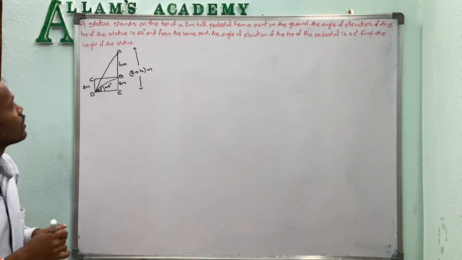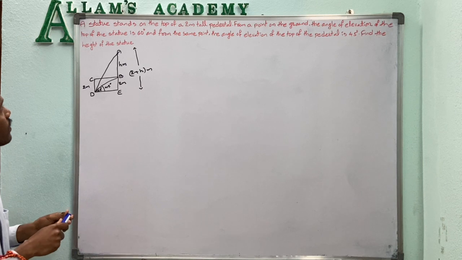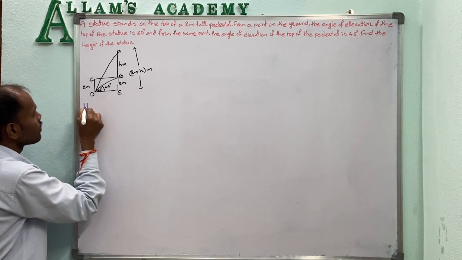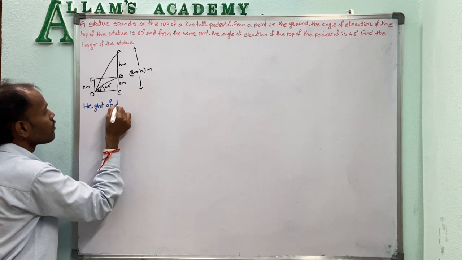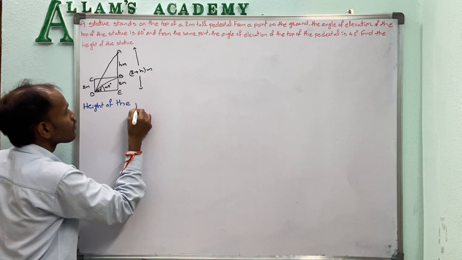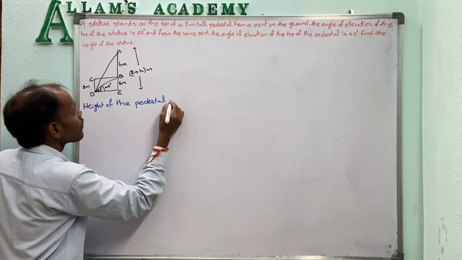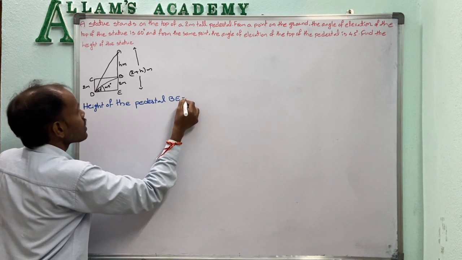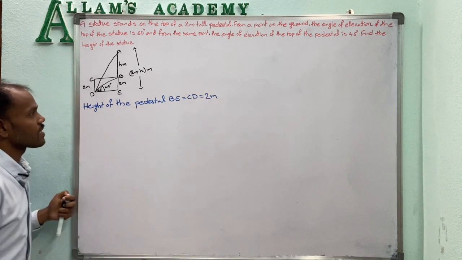Okay. So, the given information first. Height of the pedestal, BE equal to CD equal to 2 meters.